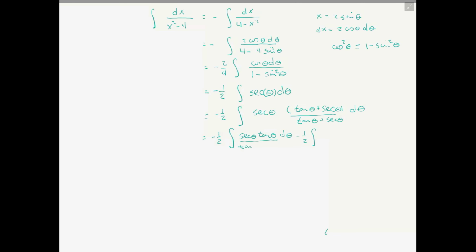Okay, and now we break it up into two parts. -1/2 secant theta tangent theta d theta, -1/2.